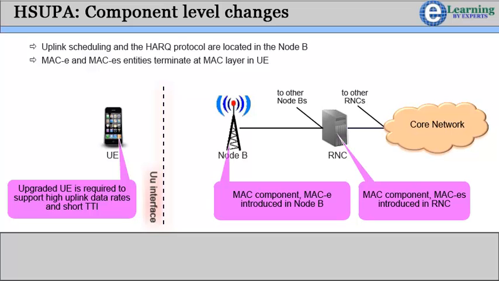Unlike HSDPA, however, the support of this 2 milliseconds TTI in the UE is not mandatory. Instead, it is a UE capability. It is configured at call setup whether 2 milliseconds TTI or 10 milliseconds TTI is to be used for HSUPA transmission.